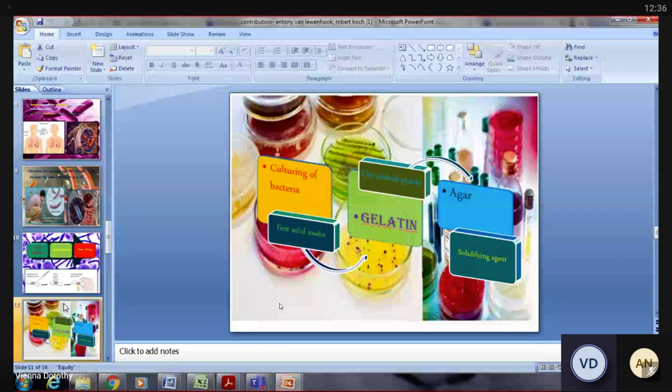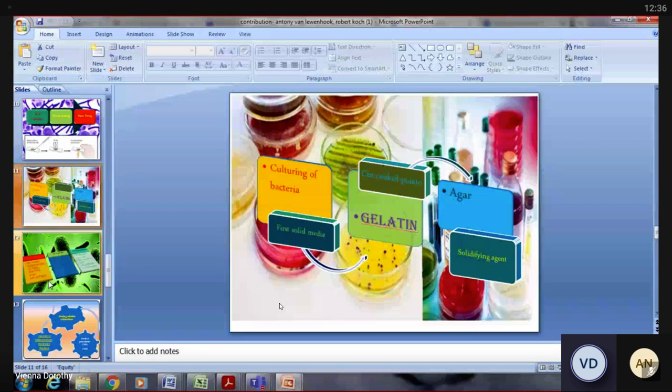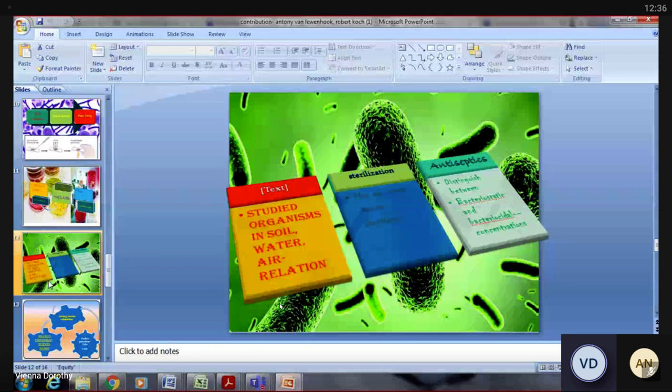The first solid media that he used was cut cooked potato. Then that had certain disadvantages. He used gelatin to solidify the broth, and gelatin had certain disadvantages that was further changed to agar. Next contribution was, he told about the organisms that are present in soil, air, water, and the relation between them.